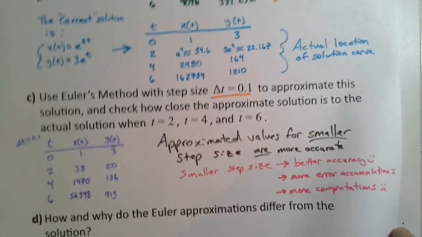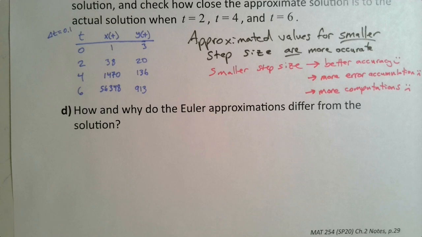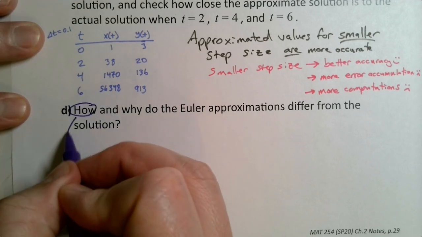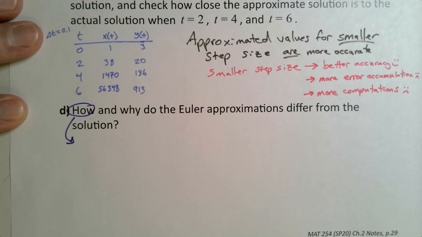So the last little bit on this page is a question about concept. How and why do the Euler approximations differ from the solution? So let's think about the how first. How do the Euler approximations differ from the solution?